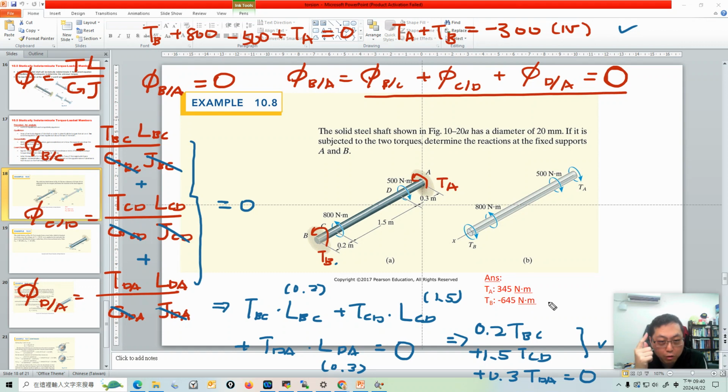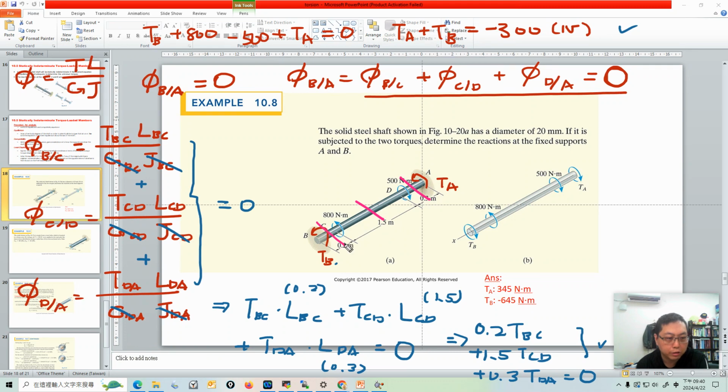The next thing you also have to use is the cut section method. Where are we going to cut? We are going to cut here, here and here, with these three sections.